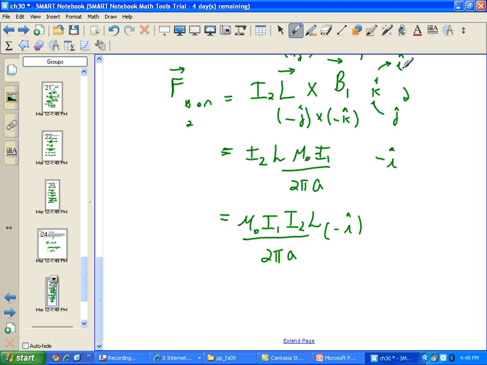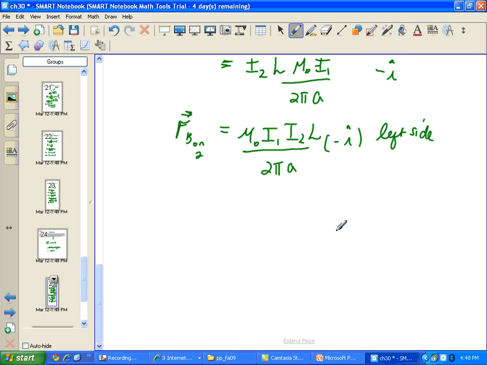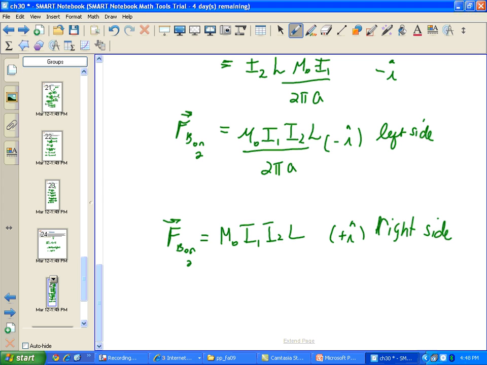Well, the minuses are going to cancel, and we'll end up with a force, so F_B on 2, and this is the left side. On the right side, we're going to have positive i hat. That's the right side, except the magnetic field is a little weaker, and in fact, instead of dividing by A, we divide by A plus B, so we end up with F_B on 2 on the right side equals mu naught I1 times I2 times L divided by 2 pi (A plus B).